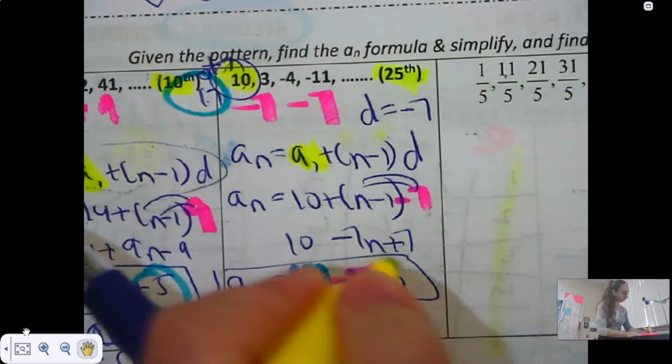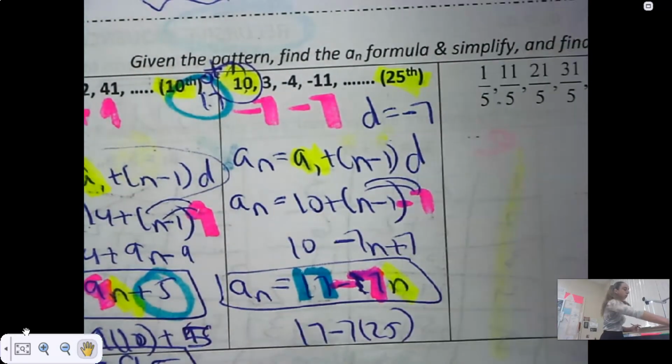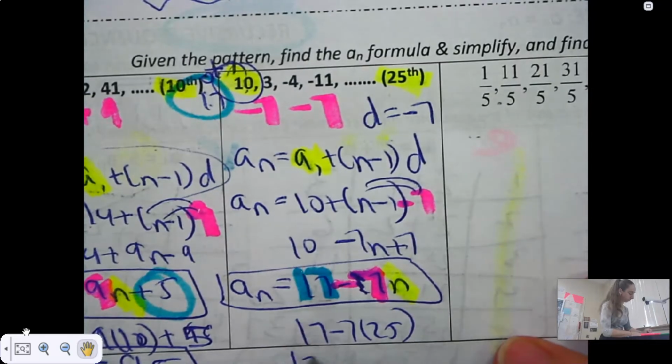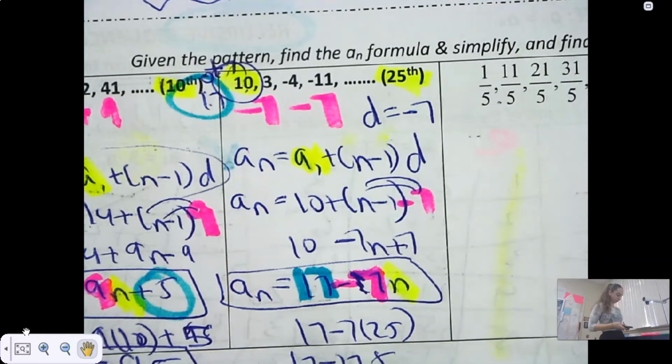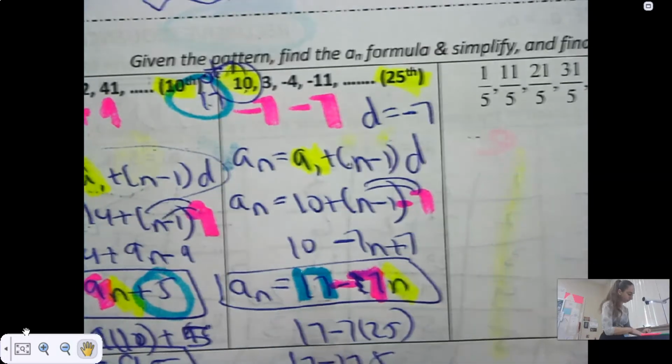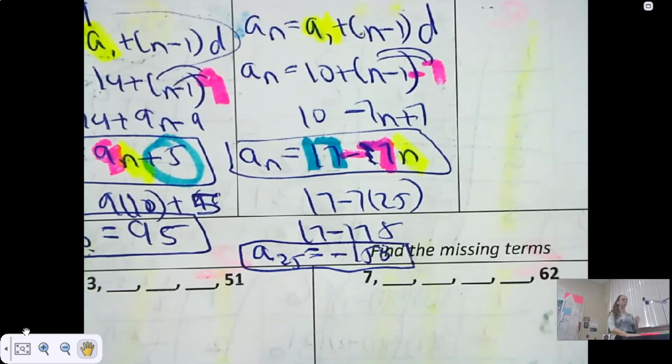Find the 25th term. 17 minus 7 times 25, 175. And then a sub 25 equals negative, I'm not feeling as good as subtraction, negative 158. So the 25th term in the sequence would be negative 158.